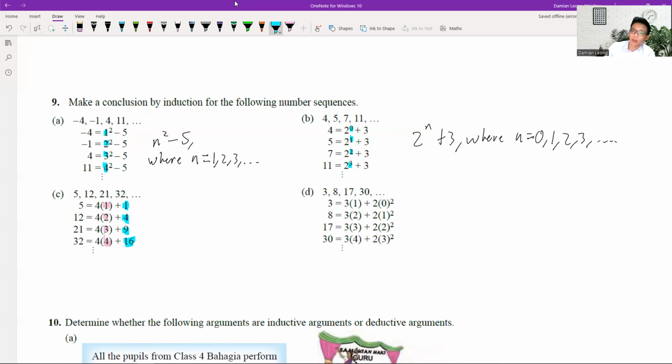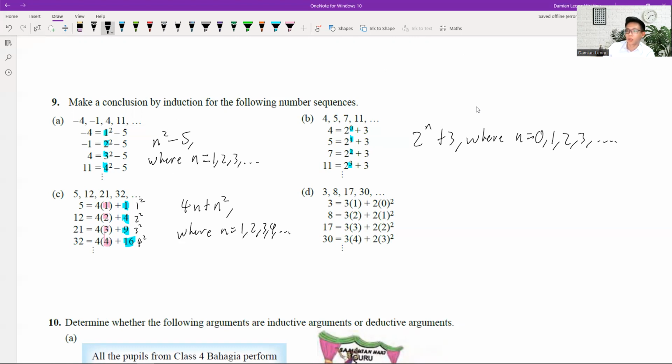If you straight away see the numbers 1, 4, 9, 16, by right you should be able to recognize these are perfect square numbers. It means it's the same as 1 square, 2 square, 3 square, and 4 square. In other words, it's 4n plus n square, where n is 1, 2, 3, 4, and so on.